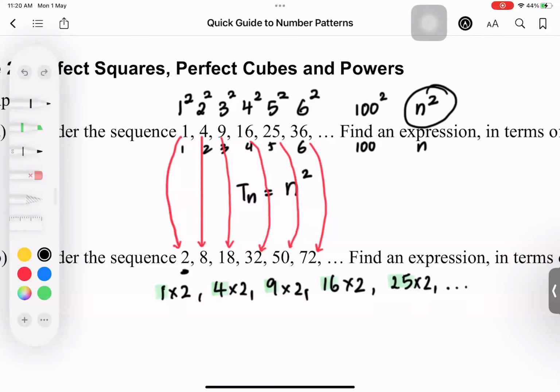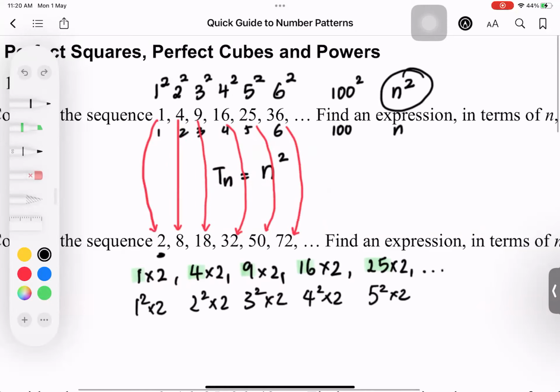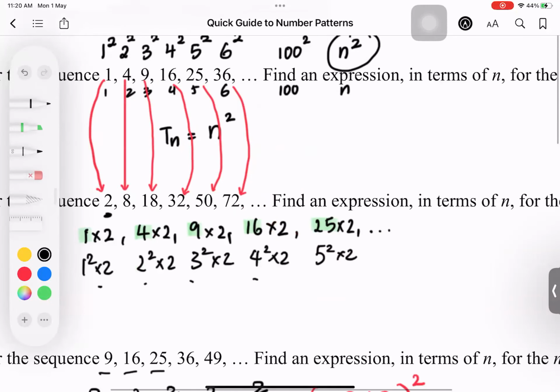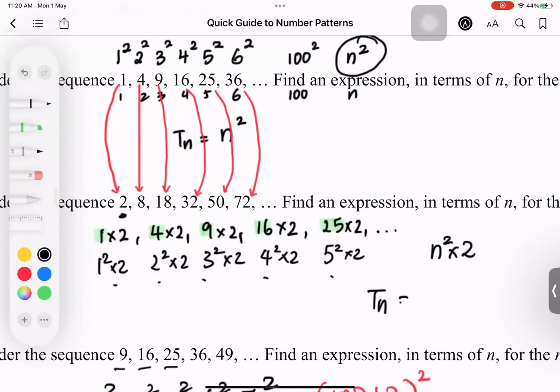So this will be 1 square times 2, 2 square times 2, 3 square, 4 square, 5 square. So if I have the nth term, that will be n square times 2. This will be your Tn. But we write the numbers in front, so it's 2n square. That's the pattern.